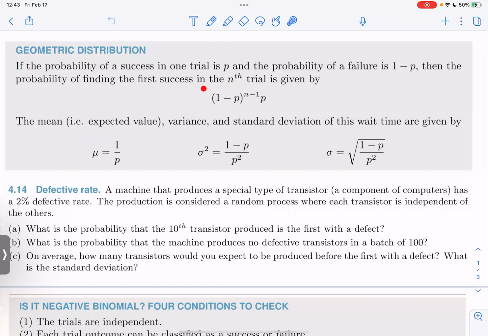Flipping a coin, for example, you want to know the probability that the first time you see a tail is on your 6th flip. Then n is 6. So you had to have seen 5 failures first, right? So you get 5 failures followed by a success.